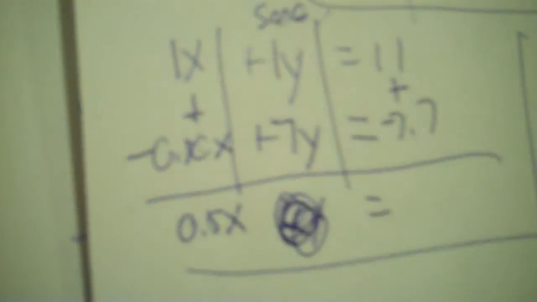We just need to make that negative, and that drops out your y. Now you make that negative and add. So I take 1 plus negative 0.5. That's 0.5x. And over on the other side, we have 11 plus negative 7.7. That's 3.3.